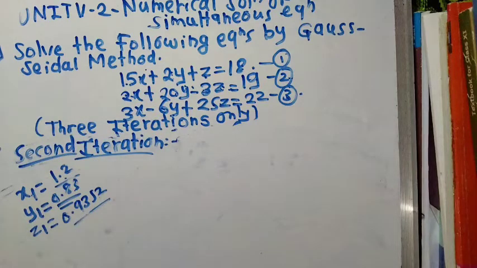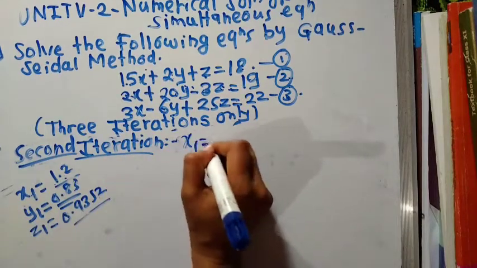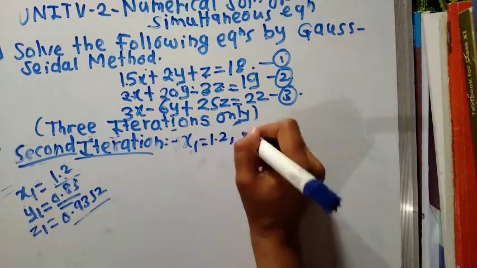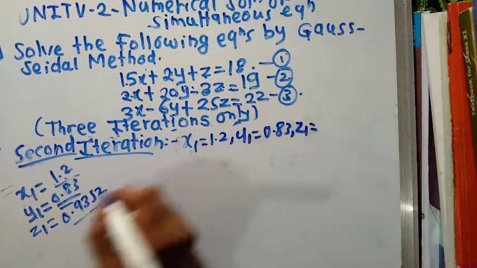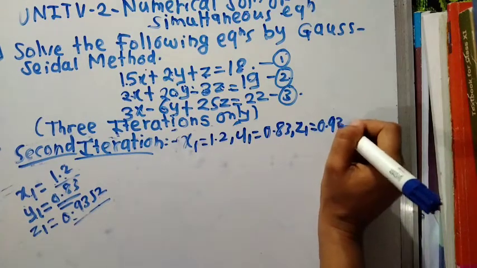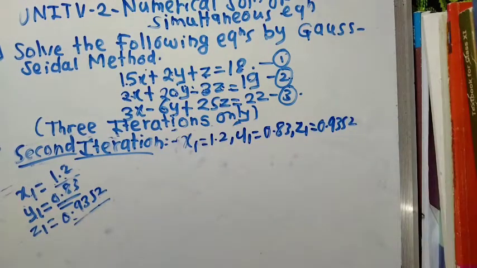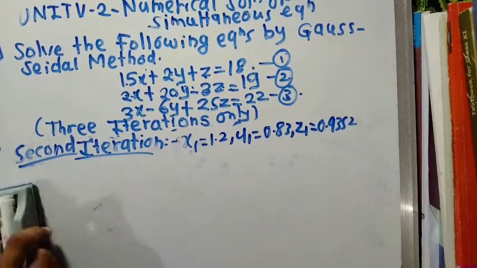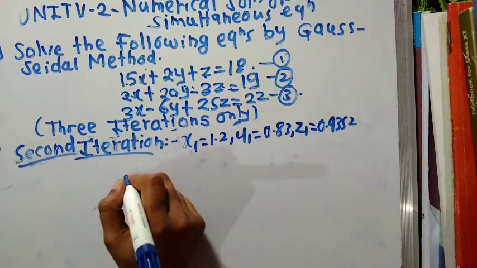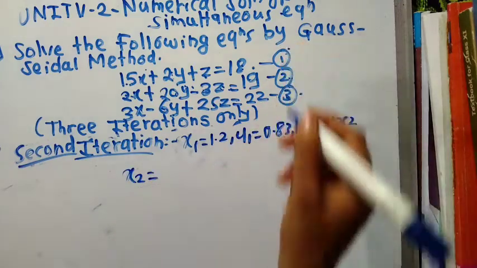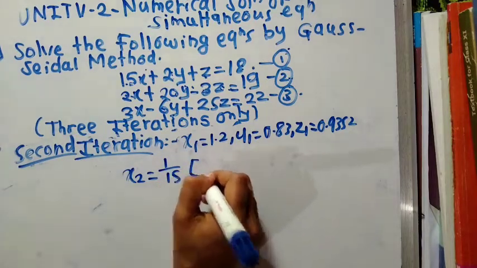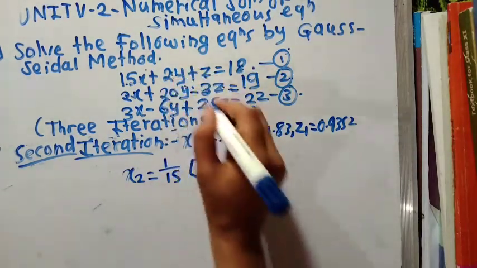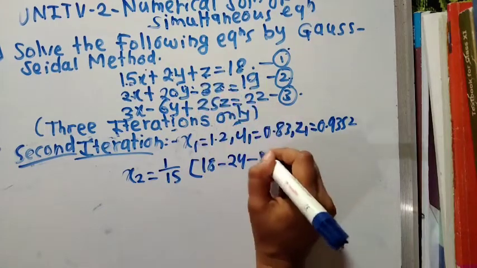For second iteration, from x1 equal to 1.2, y1 equal to 0.83 and z1 equal to 0.9352, find out x2. x2 from equation first is 1 divided by 15 times (18 minus 2y minus z).